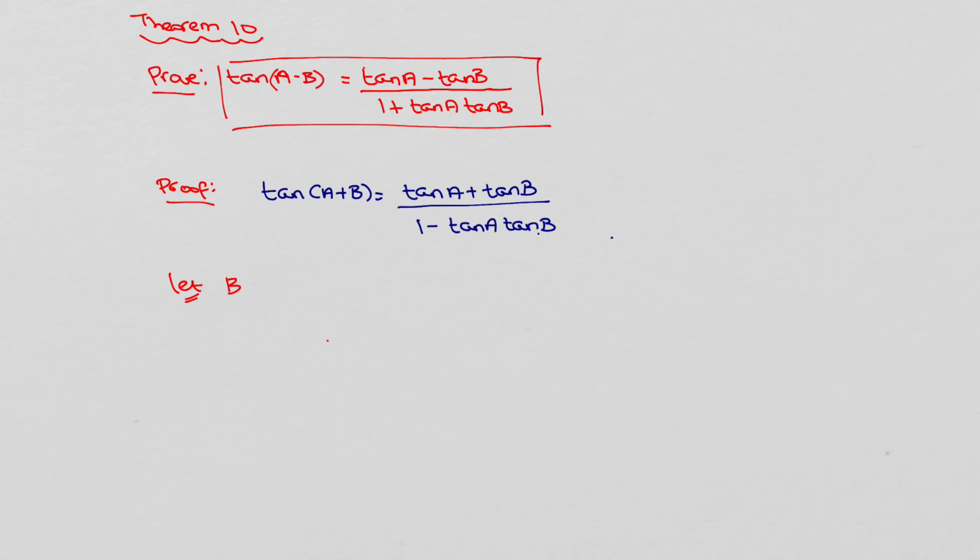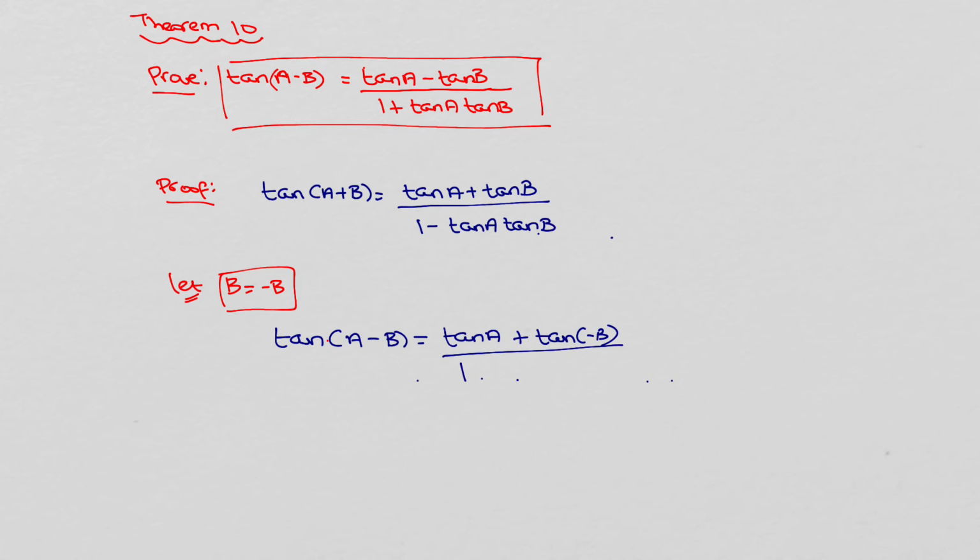We let B equal minus B. So wherever there's a B, we're just going to change it to a negative angle. So that's going to be tan of A minus B is equal to tan A plus tan of minus B all over 1 minus tan A times tan of minus B.